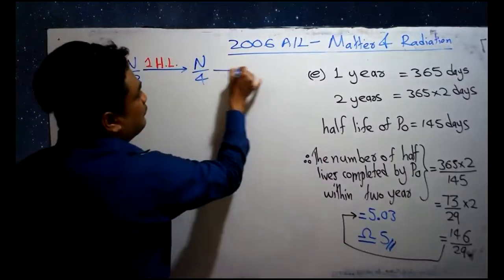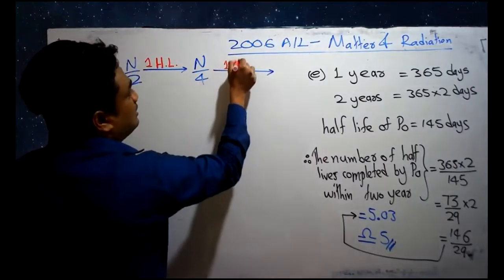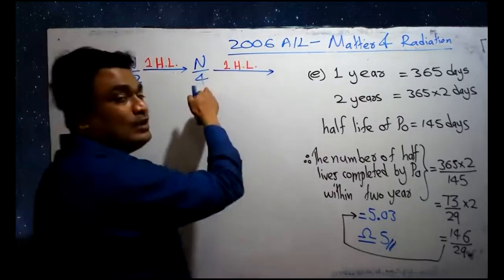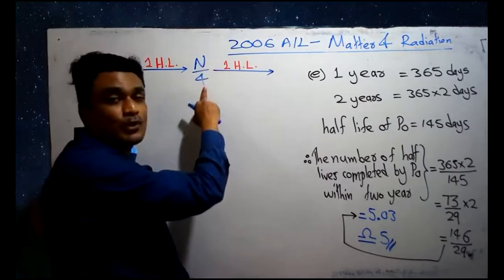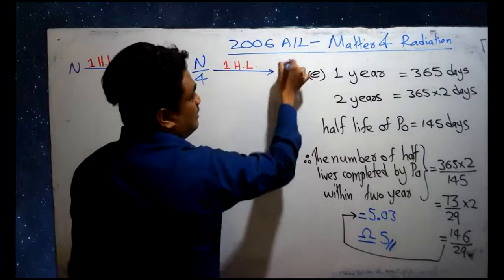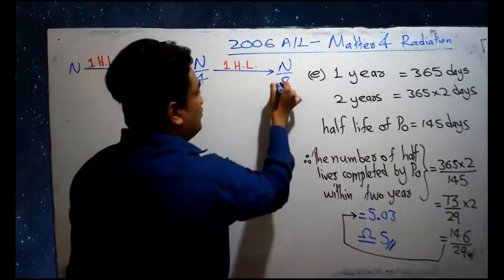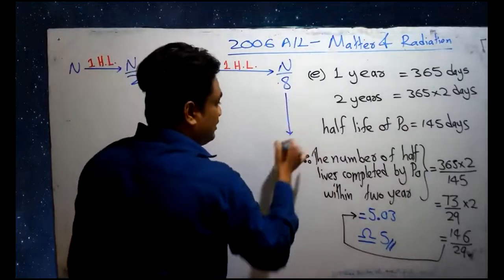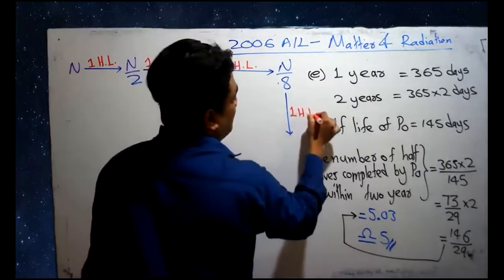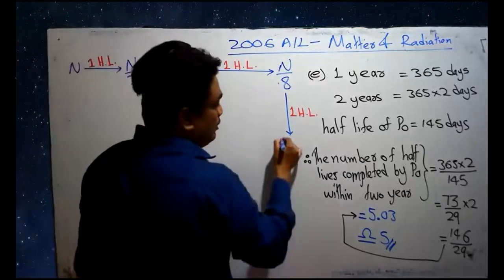If we allow another half-life, n over 4 will be reduced by half, so it will be n over 8. If we allow another half-life, n over 8 should be reduced by 2.